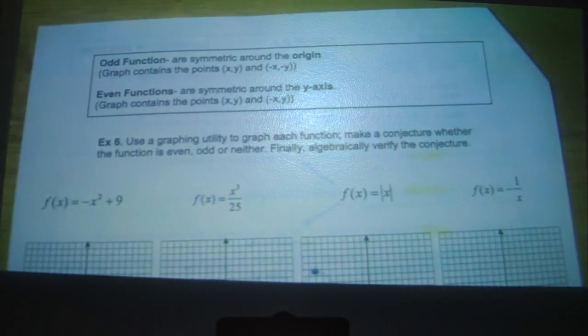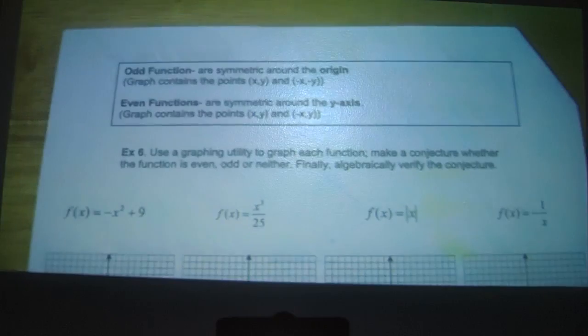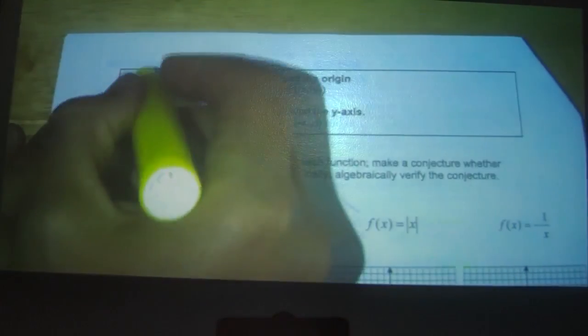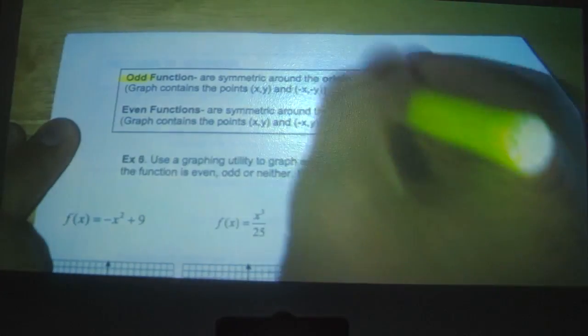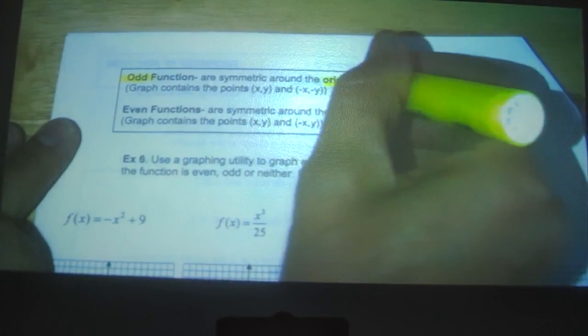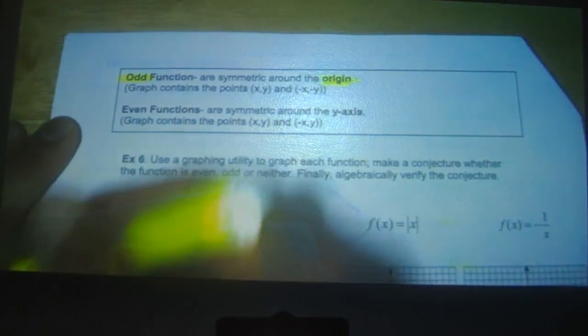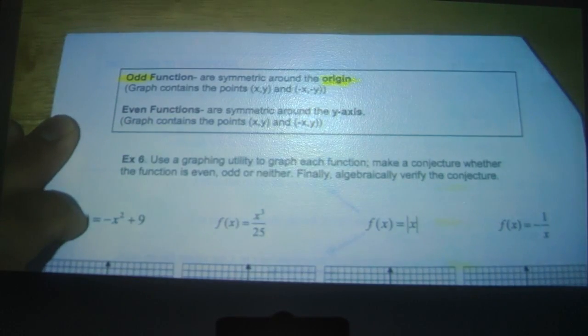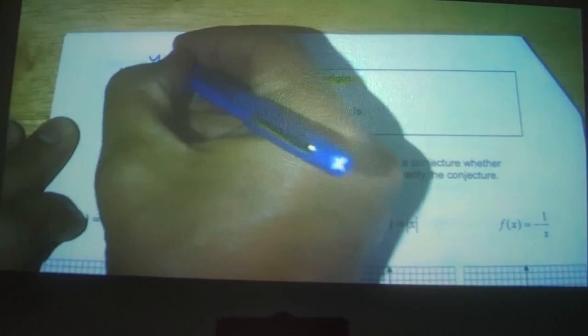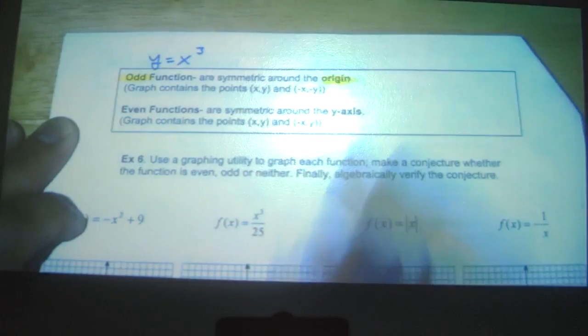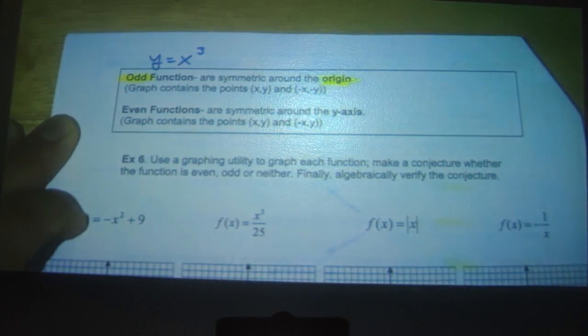Goal number 4, even and odd functions. Odd functions are symmetric to the origin. We have symmetry about the origin. Now, if you ever forget, look at the most famous odd function, y equals x cubed.